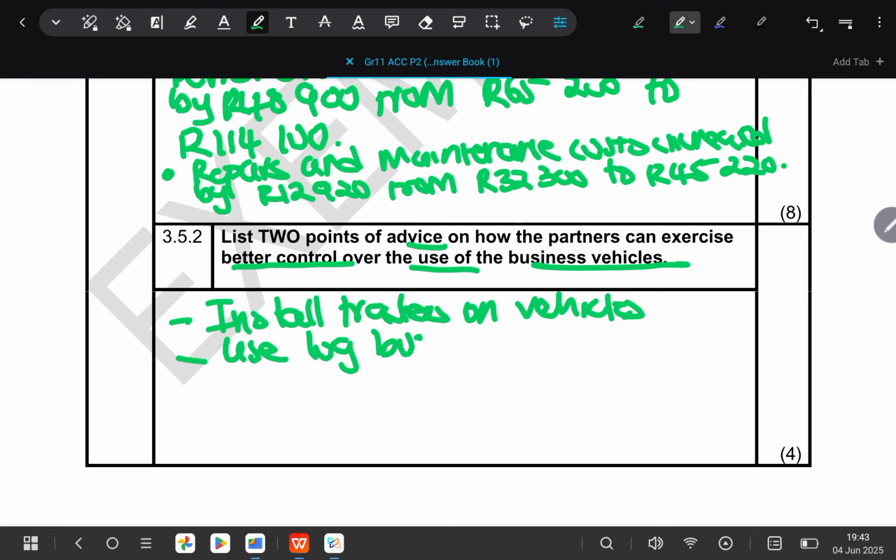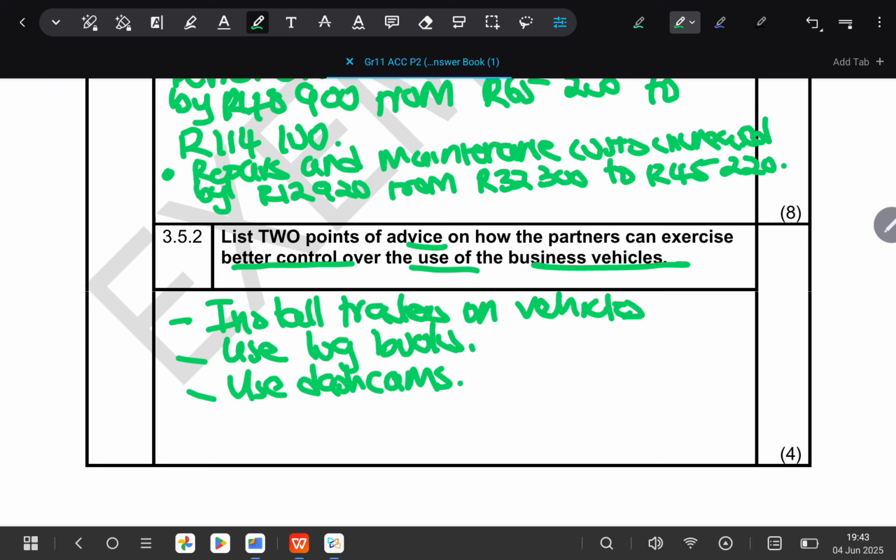Log books, and then they can also use dash cams. Remember, in terms of dash cams, they will show you where the person is going. I saw car tracker is also one of those options, so you can just give them two, right?